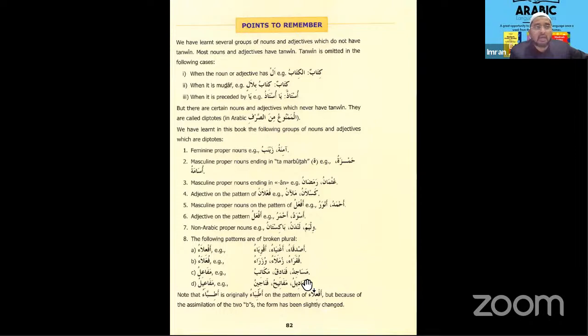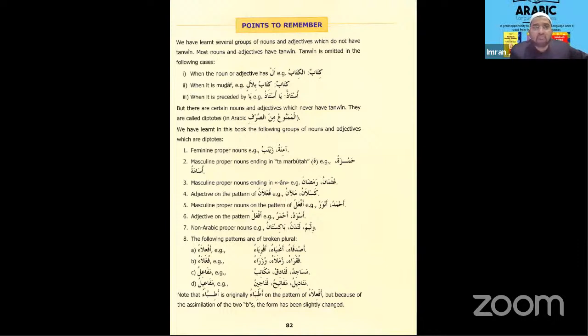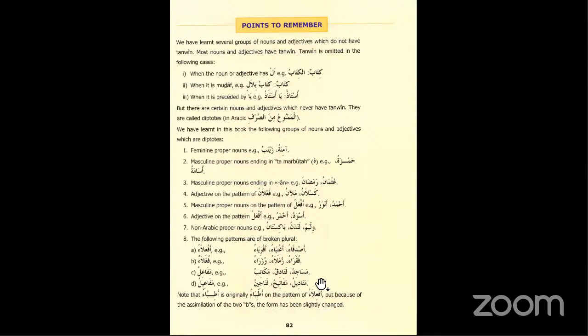For example, we have masjidun and masajidu, miftahun and mafatihu. Miftahun is key, and we also have mafatihul jinan with a ya as well. So there are two different patterns for the plurals. Okay, thank you. Good question.